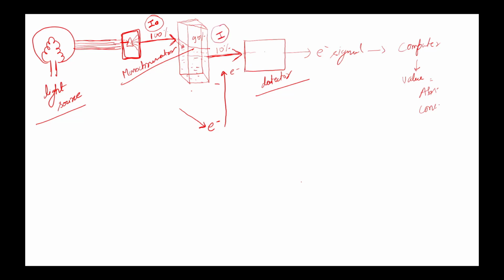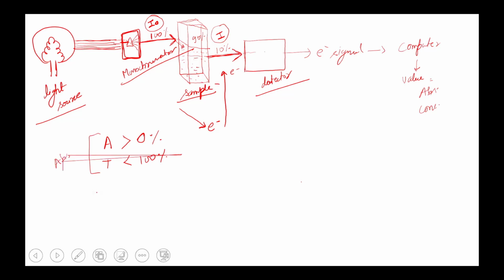Okay, so if there is an absorbing substance in your sample, then absorbance would be greater than 0, and the transmittance will not be 100%, it would be less than 100%, if any absorbing molecule is there.